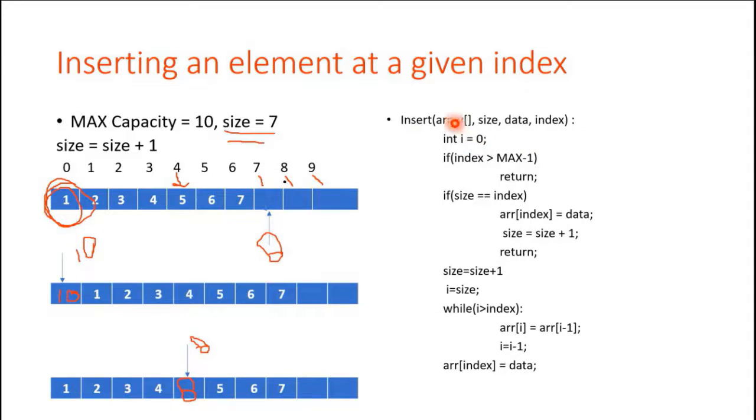In the insert function, we pass the array, the size of the array, meaning how many elements we have inserted, the data, which means the element that is going to be inserted, and the index, which tells us at which position we want to insert the particular element.